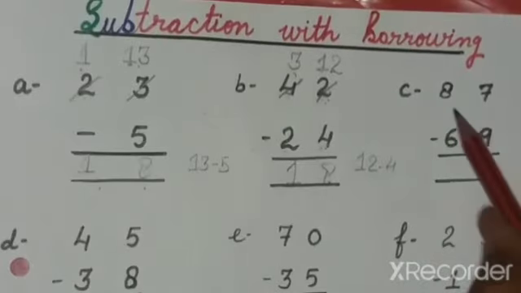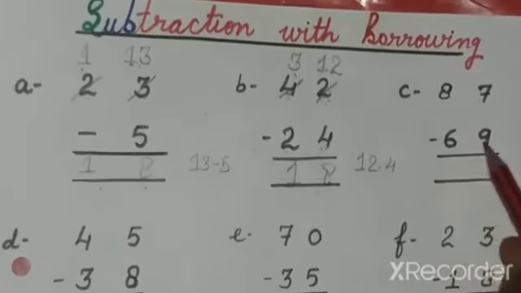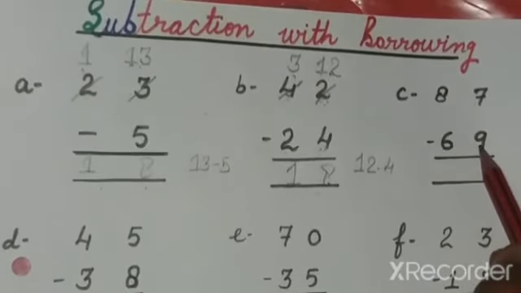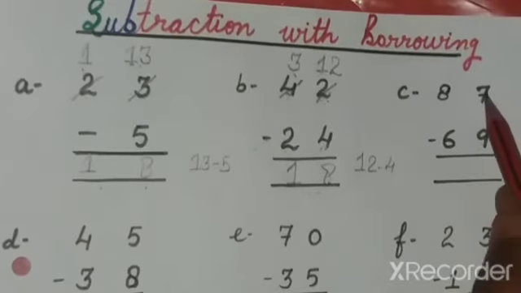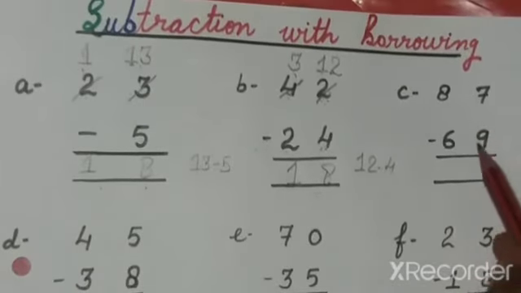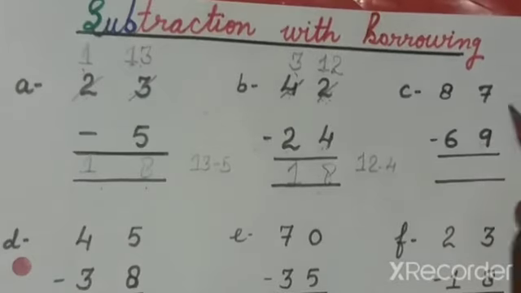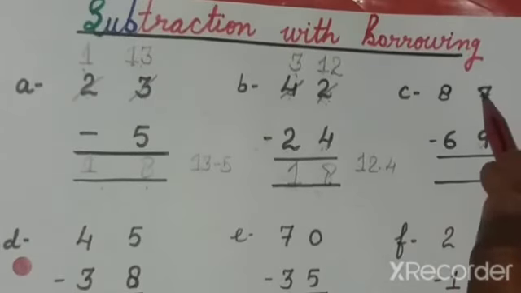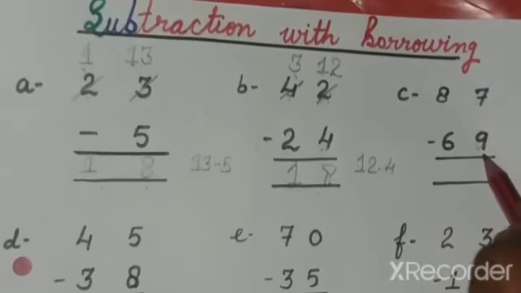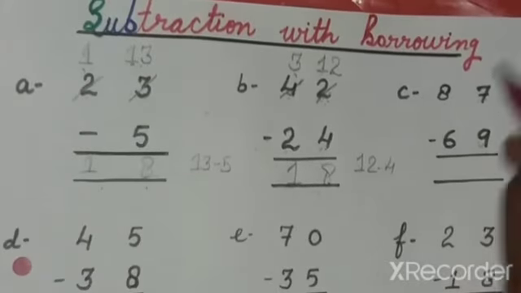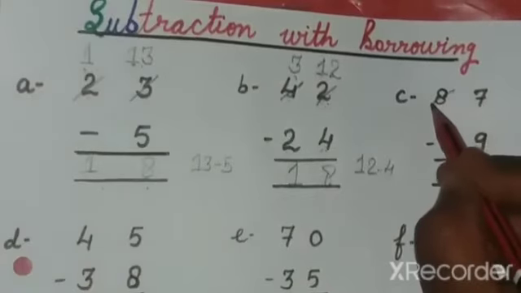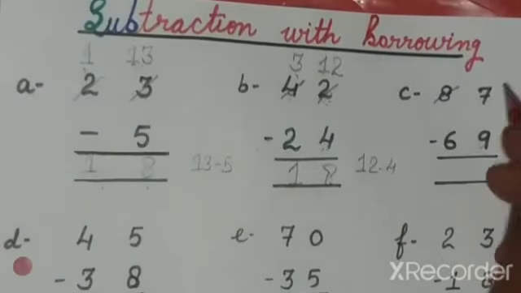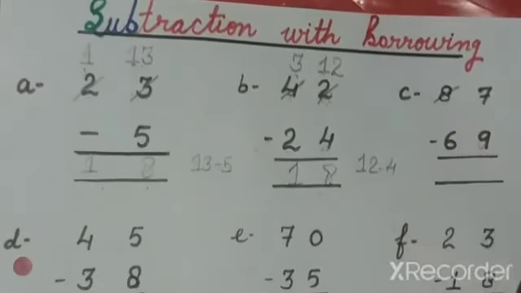Next is 87 minus 69. Again, remember we always start on the right side with the ones digits. So 7 minus 9. Again, 7 is too small to subtract 9, right? So we'll borrow 1 from the neighboring number in the tens place.